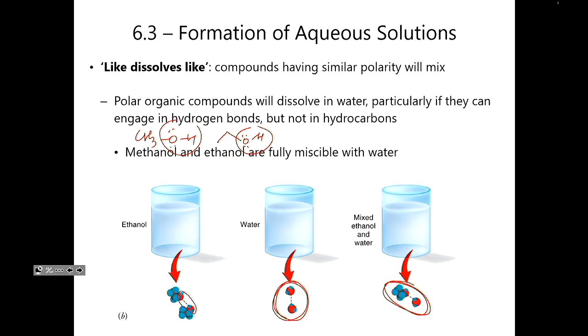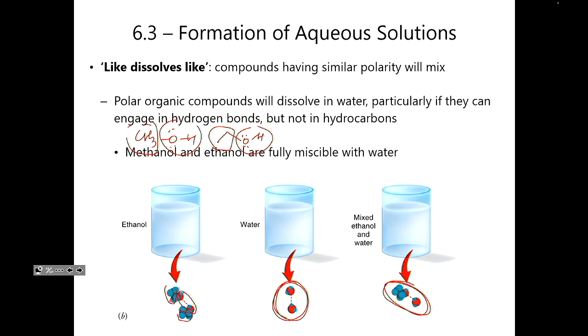Now, of course, the pieces that are nonpolar, which are these, draw them with a square, those pieces will interact with each other via London dispersion forces, but the OH groups of the alcohols can interact with each other via hydrogen bonds.